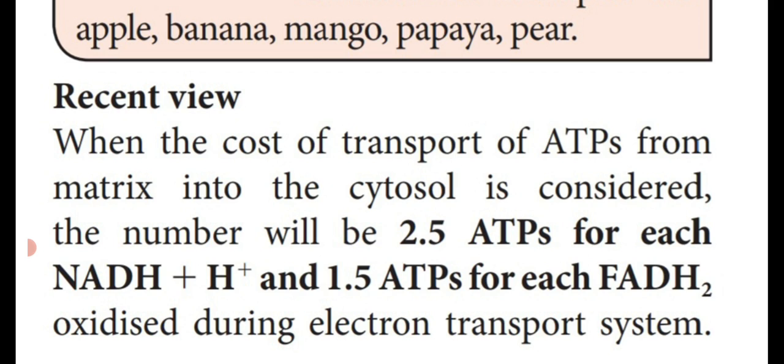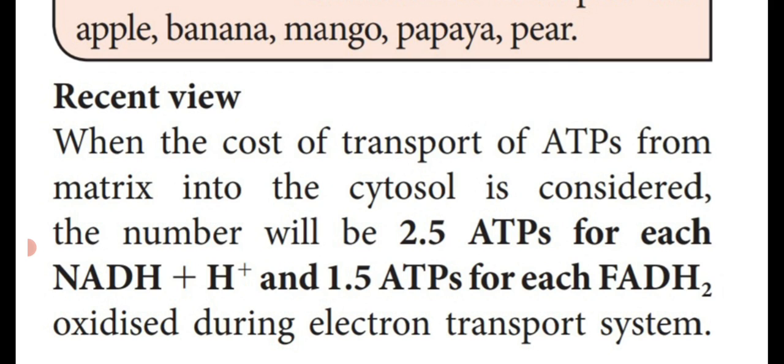Then the recent view of aerobic respiration is given here. Transport of ATP from the mitochondrial matrix to the cytoplasm. The number will be 2.5 ATP for each NADH2 and 1.5 ATP for each FADH2. So what we told, NAD gets reduced to give 3 ATP molecules, isn't it?